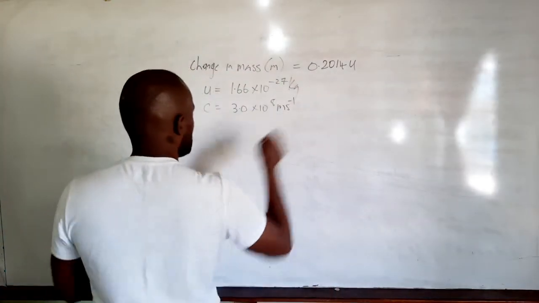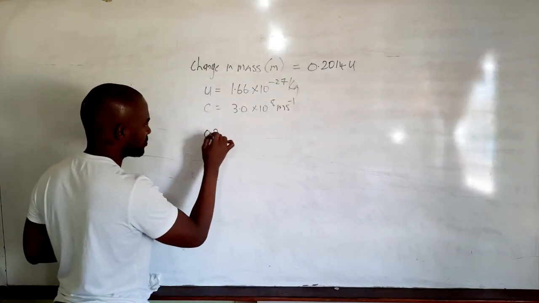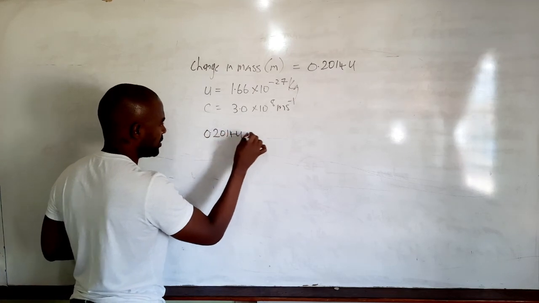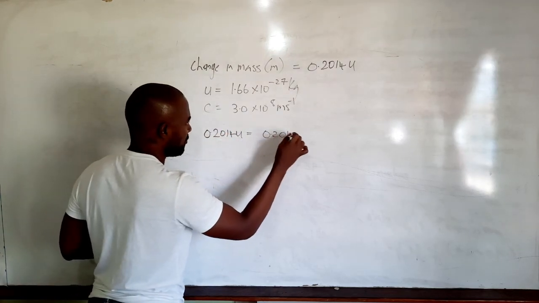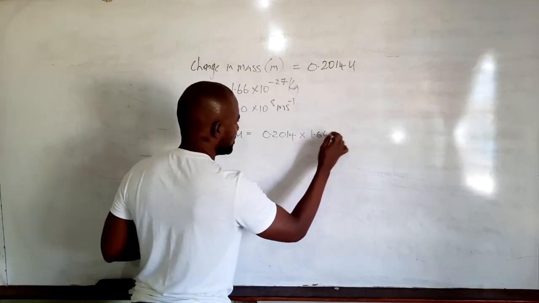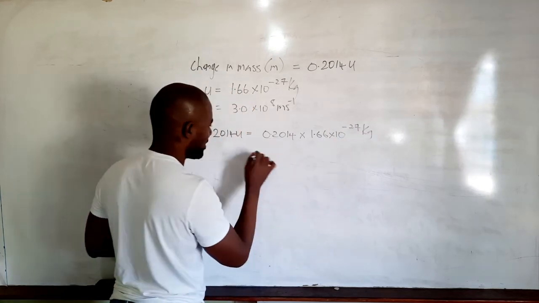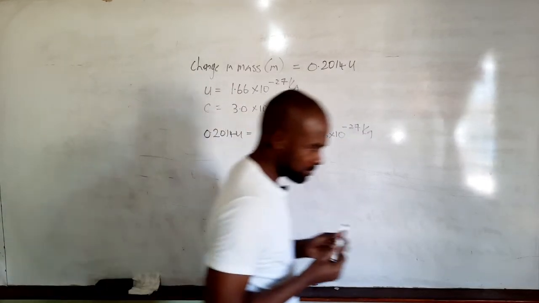So it therefore means that 0.2014 U is equal to 0.2014 times 1.66 times 10 to the minus 27 kilograms. And that gives us the answer there.